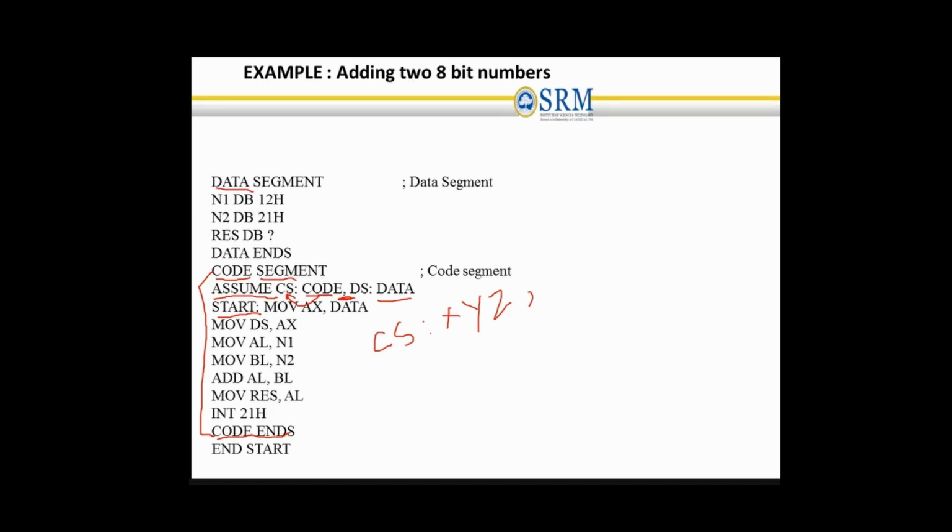Start is like a main function in your program. In C language, in a single program, you can have more than one function. Maybe main function is a must and then you can have add, sub, mul, like that. Different functions you can define inside a single .c program.